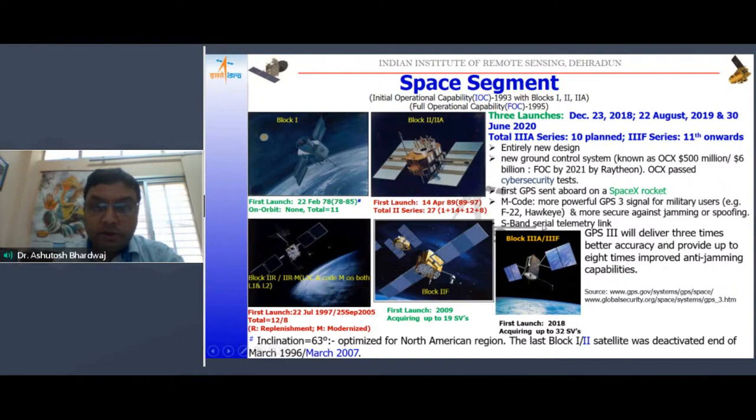So these Block 3 services have started now, but since the number of satellites in Block 3 are less, gradually this will grow.